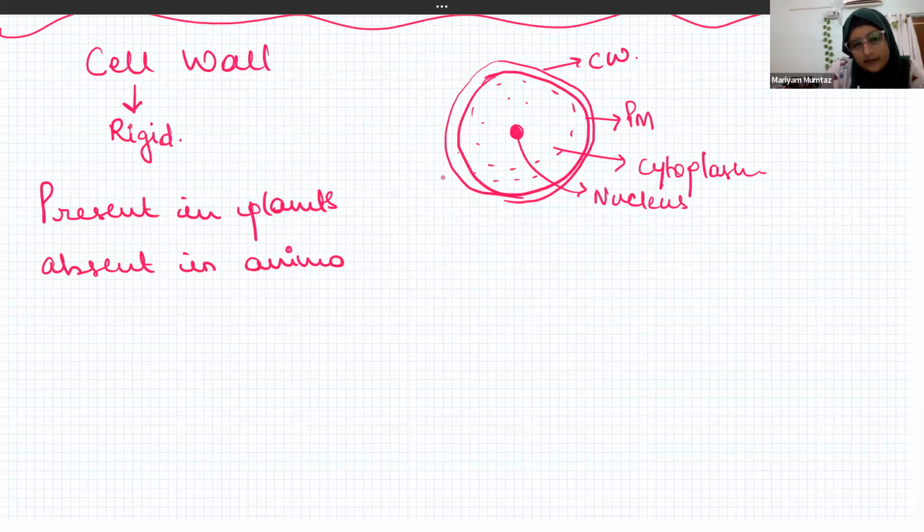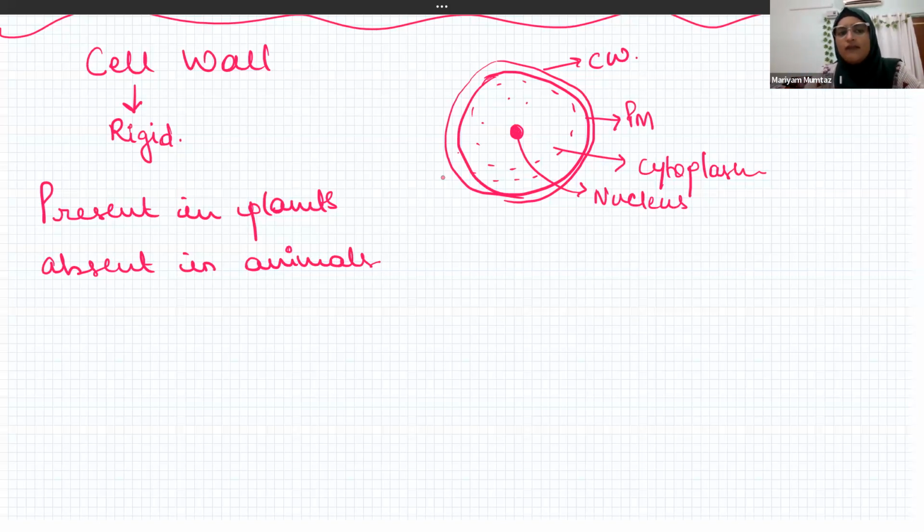And that is also the reason why plants have larger vacuoles than animal cells. The vacuoles present in plants perform very different functions. They perform a lot of functions that the plants require vacuoles for. But in the case of animals, there are only a few tiny vacuoles.